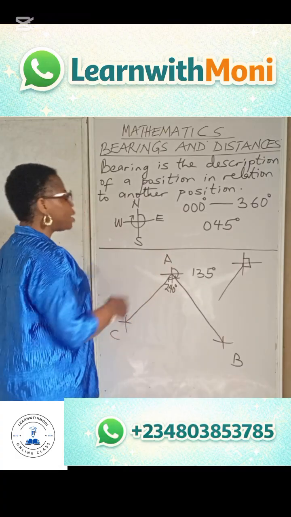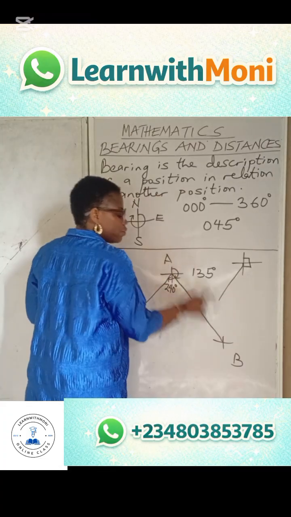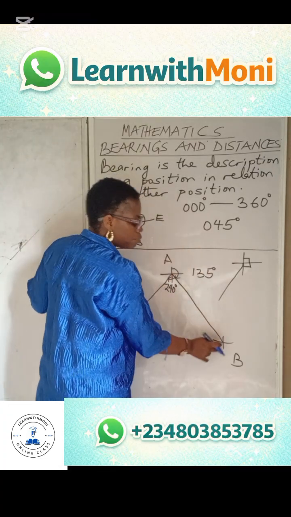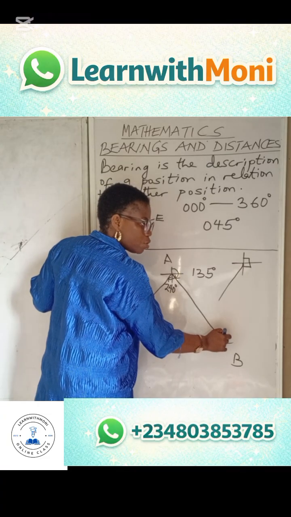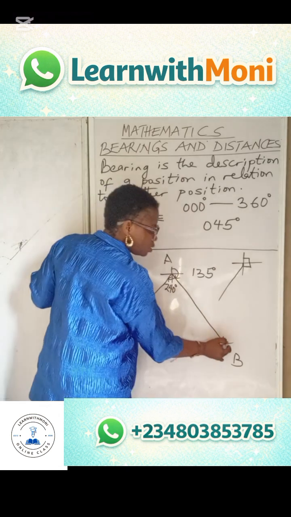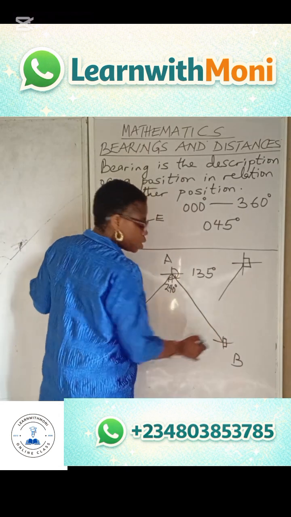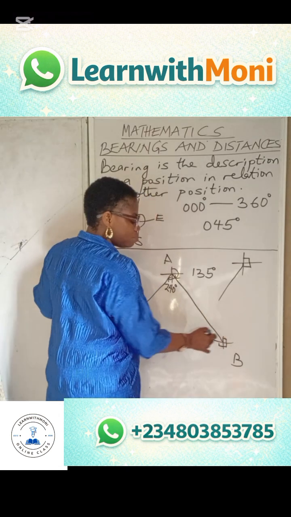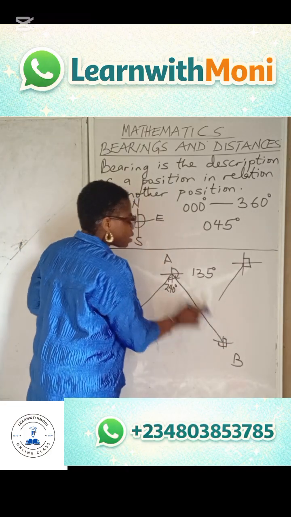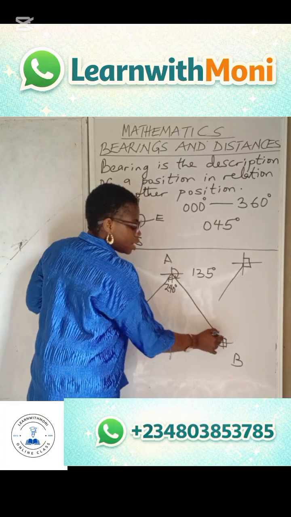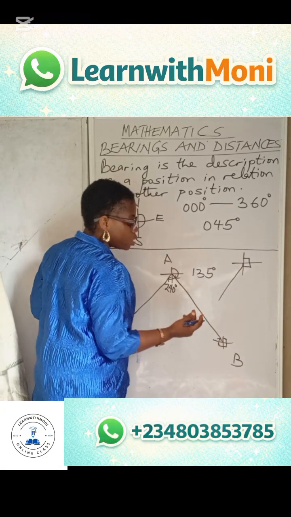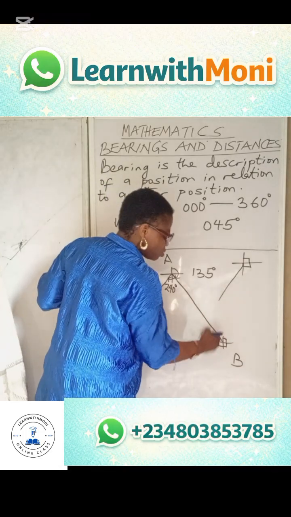We can also compare the bearing of town A from town B. If we have to read the bearing of town A from town B, we have to start from the north pole at B. This is 90, 90 making 180, another 90 making 270, and on the fourth quadrant is where we find town A from town B. Which means this is more than 270 degrees.